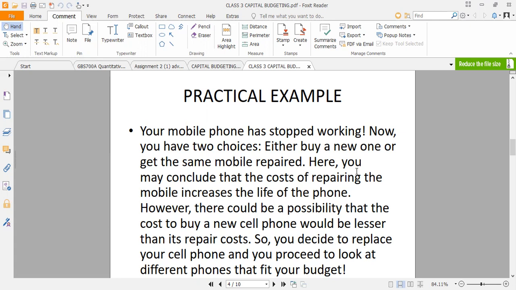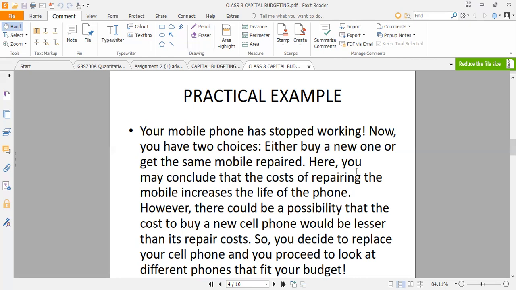An example: your mobile phone has stopped working now. You have two choices: either buy a new one or get the same mobile repaired. Is it worthwhile for you to maintain the same mobile phone, or can you get a new one? Would it be profitable if you maintain the same one?